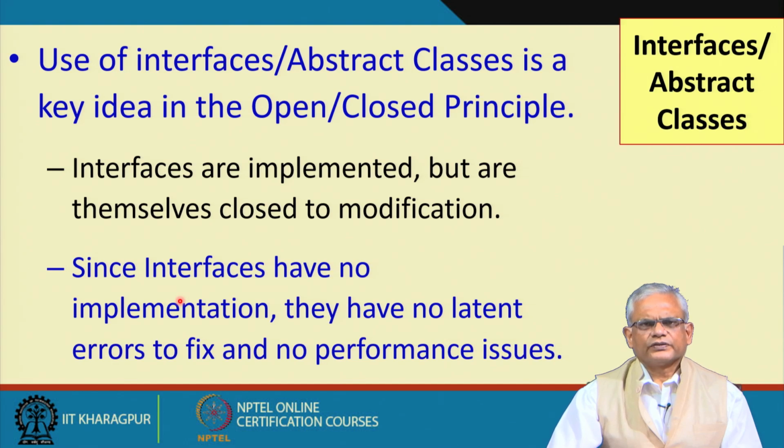Therefore, the solution to the open closed principle is to use interface classes and abstract classes whenever a client class needs to call a server class, and the server class needs to change due to various reasons.